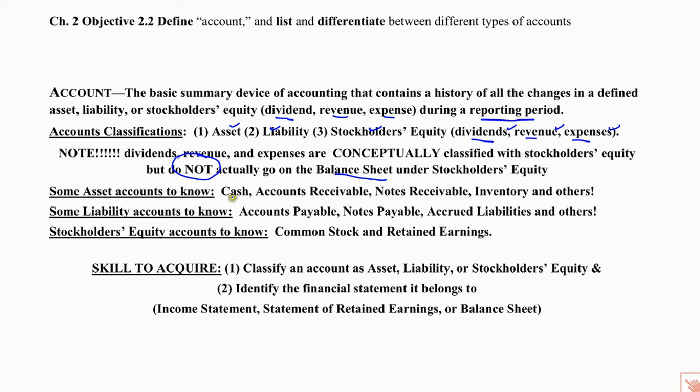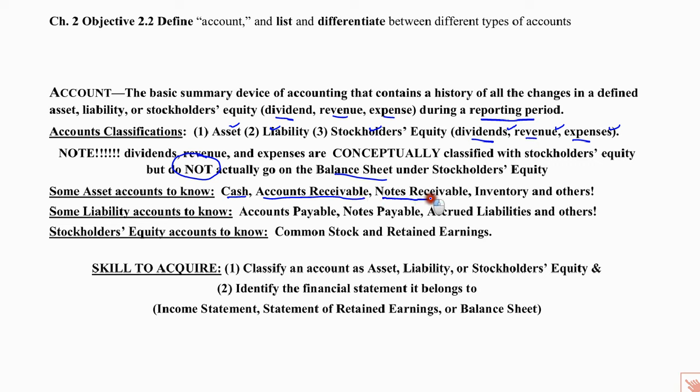So we're going to learn just a few accounts here. All term, you're going to be learning more and more accounts. So we have cash, and that's pretty much what you think it is. It's cash and claims to cash. So cash on hand, but cash and checking accounts. And accounts receivable, that's what your customers owe you, typically in the next 30 days.